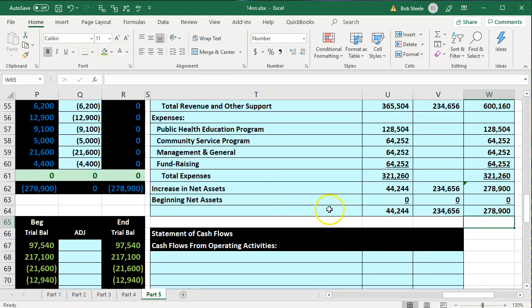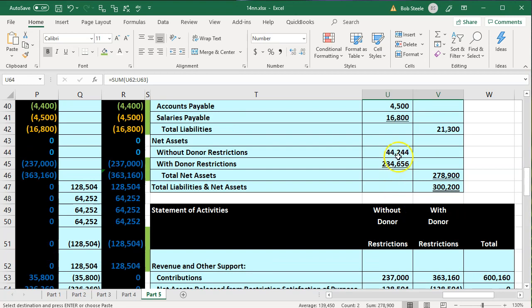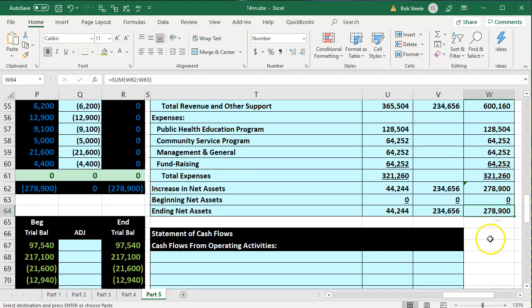And of course, if we consider this information, actually I should have the ending net, this is the ending net assets, to the balance sheet, this will help us out with the balance sheet, which again is why a lot of people will do the statement of activities or the income statement type of account first before the balance sheet, because you'll see that these two balances should be these two balances, and this balance should be that balance, which keeps us all in alignment here.